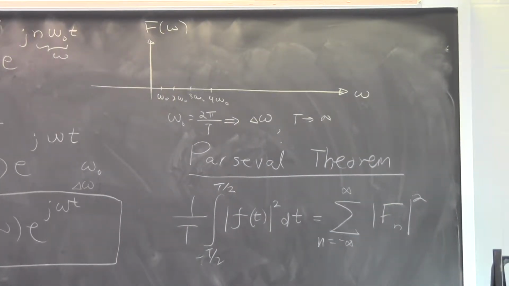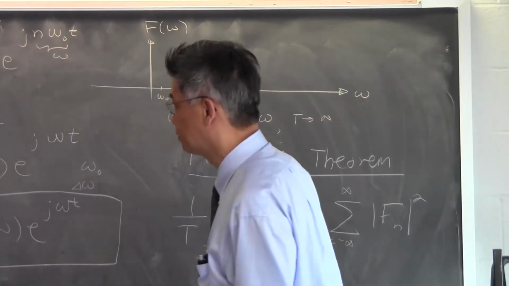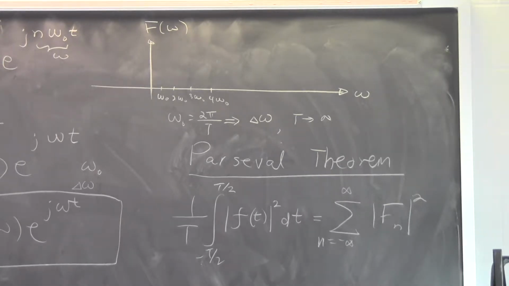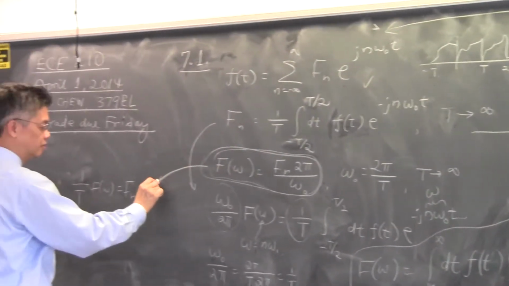If you make the relationship that I can write f_n as being equal to, let me rewrite this relationship in a simpler form. So if I rewrite this relationship, it's just 1 over T f of omega is equal to f_n.